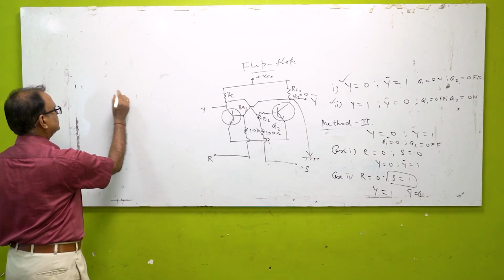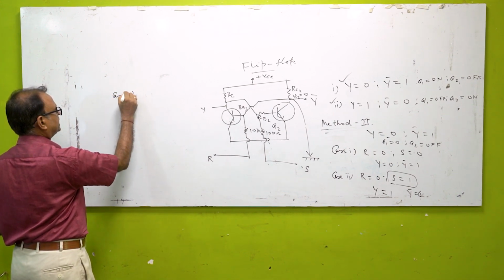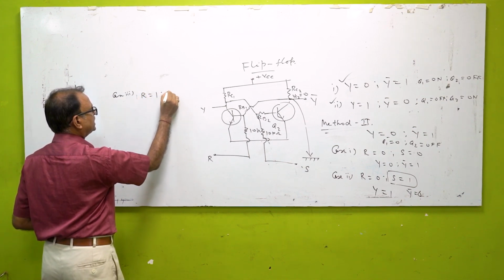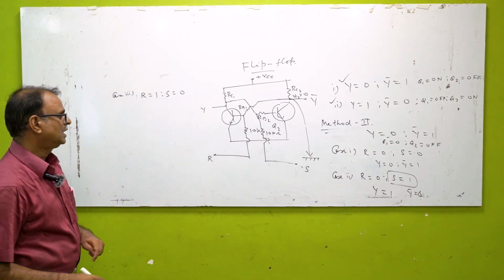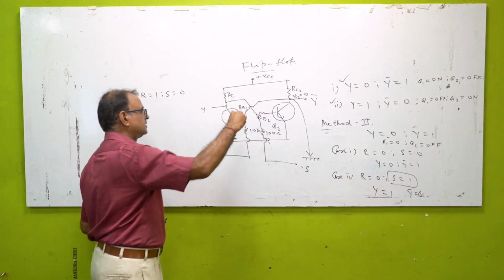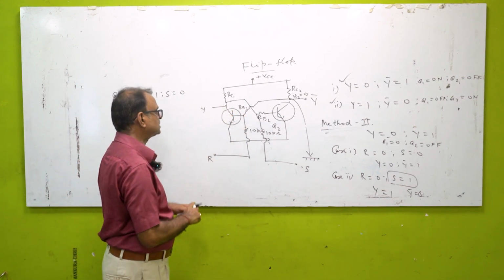So this is the situation under case number 2. Let's now see what happens under case number 3. In case number 3, suppose R is equal to 1 and S is equal to 0. So R is equal to 1 means you are actually giving certain voltage for the conduction of this transistor.